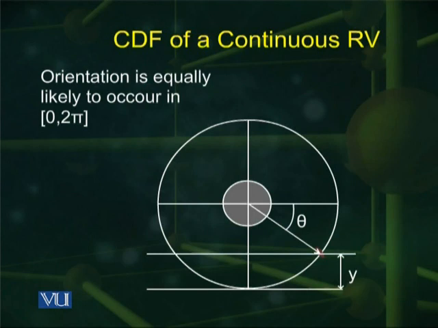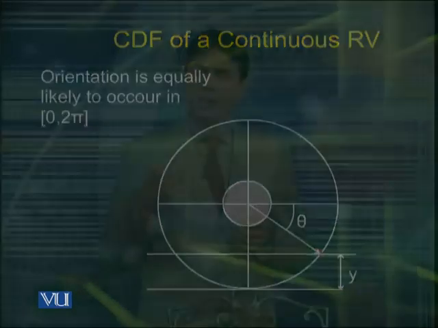The mapping between x and y is that y is equal to r plus r sine x, where x was previously called theta. Under this mapping, which is certainly non-linear because of the inclusion of sine of x, what happens to the values and their relative probabilities of random variable y, knowing that random variable x is equally likely to occur between 0 and 2 pi radians? To analyze this, let's look at the nature of this mapping.